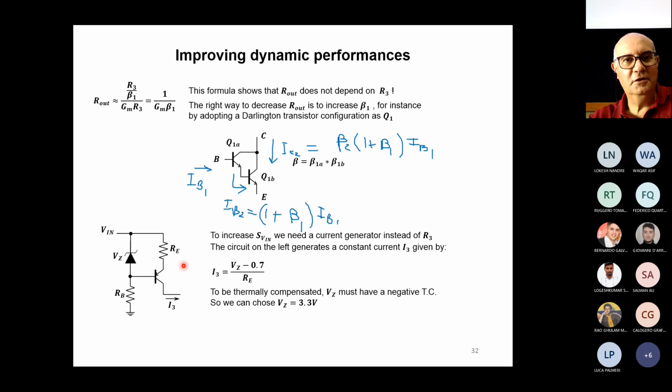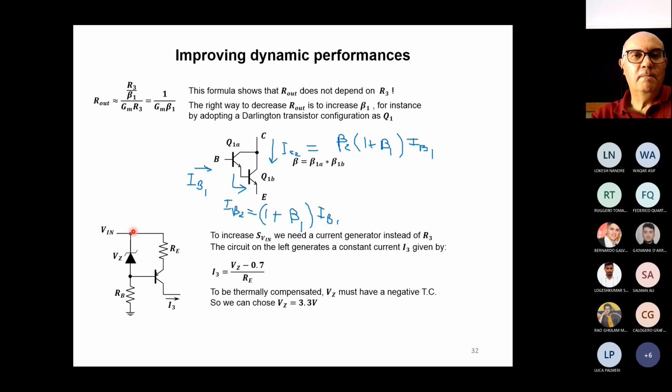How does it work? In a very simple way. We have an input voltage Vin, and what we do here is basically bias a Zener diode. We can consider a 0 base current for the transistor just in order to simplify things.